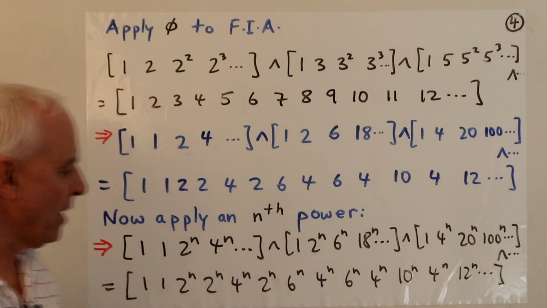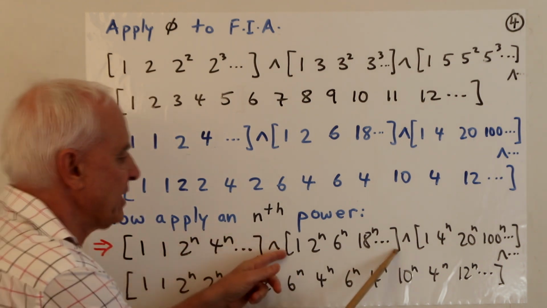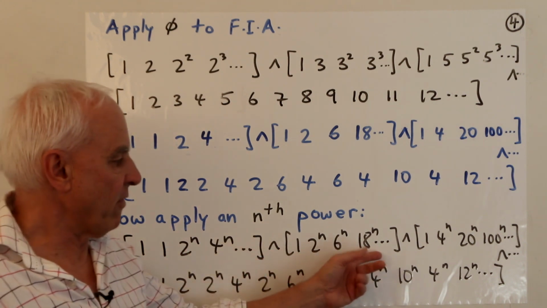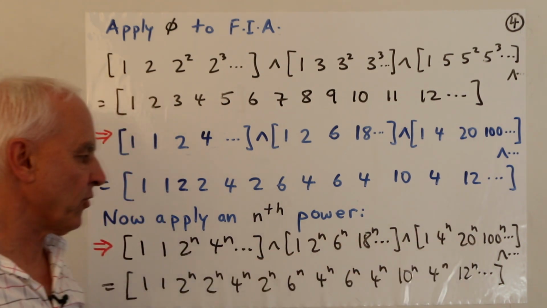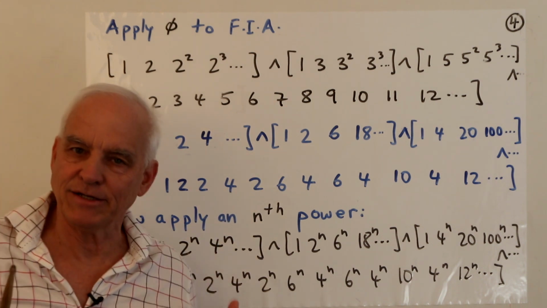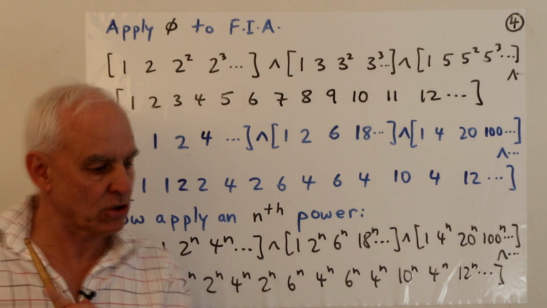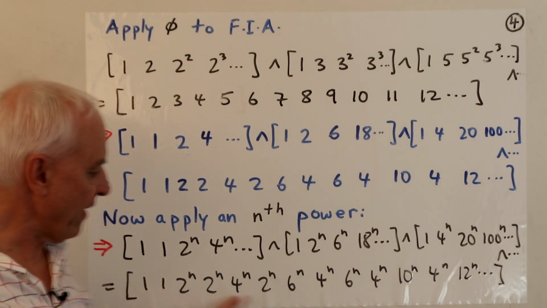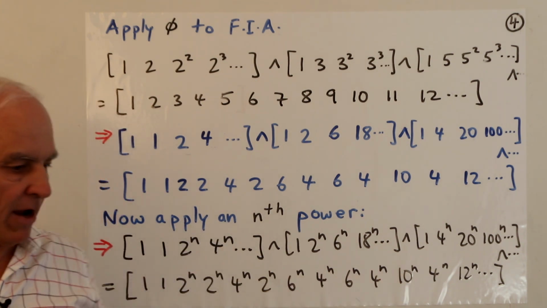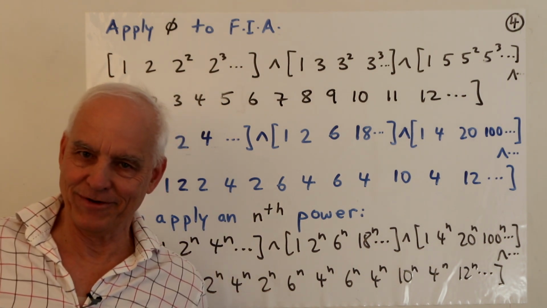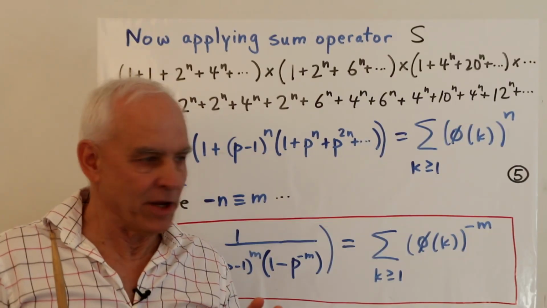Okay. And the same thing will apply to each one of these things here. We're going to get geometric series, in fact, okay, that we can write down formulas for them. And so we're going to get some kind of identity, very much like an Euler product for the zeta function. But now it's quite different, because instead of having the natural numbers down here, we have the totient values of the natural numbers. So let's see what kind of identity we get.